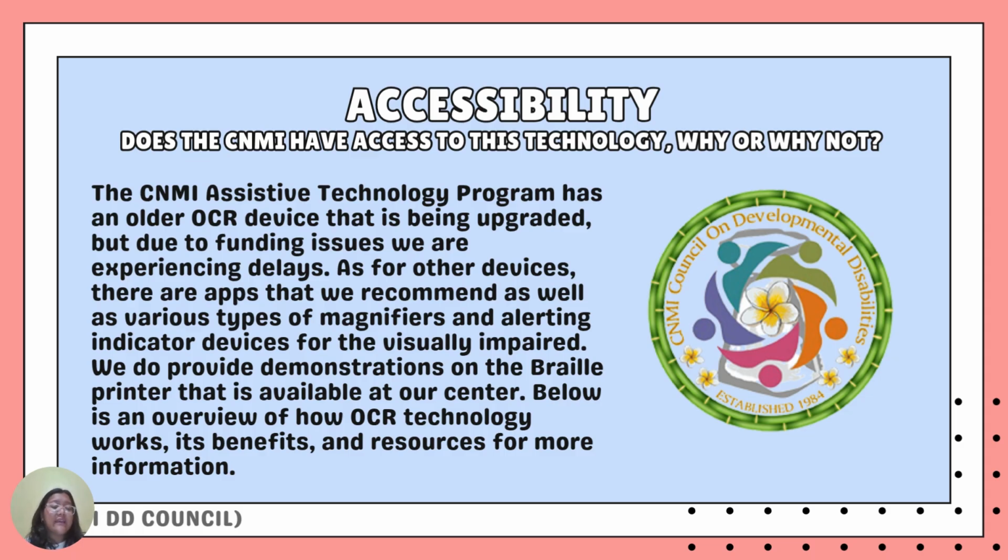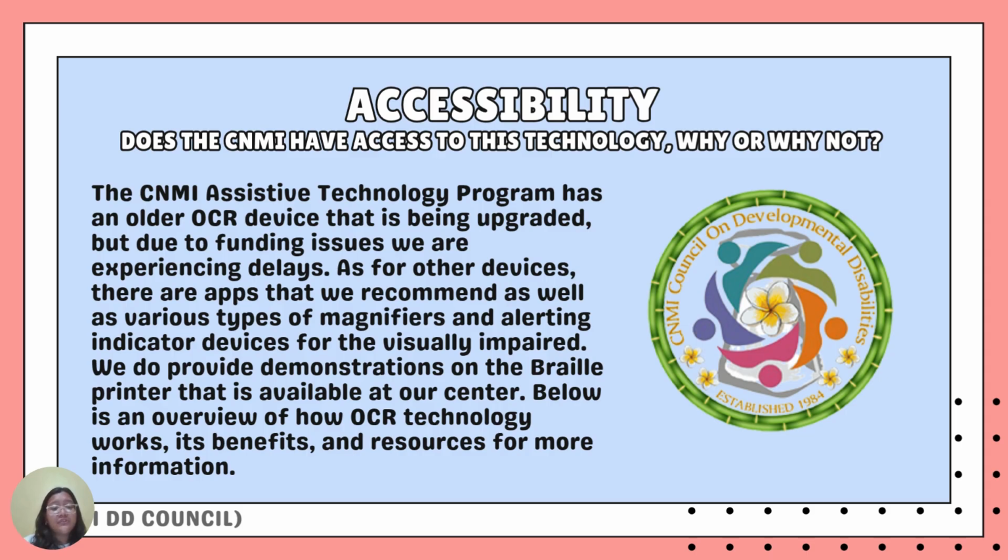So the accessibility. The CNMI Assistive Technology Program has an older OCR device that is being upgraded at the time being, but due to funding issues, they are experiencing delays. As for other devices, there are apps that they recommend, as well as various types of magnifiers and learning indicator devices for the visually impaired.